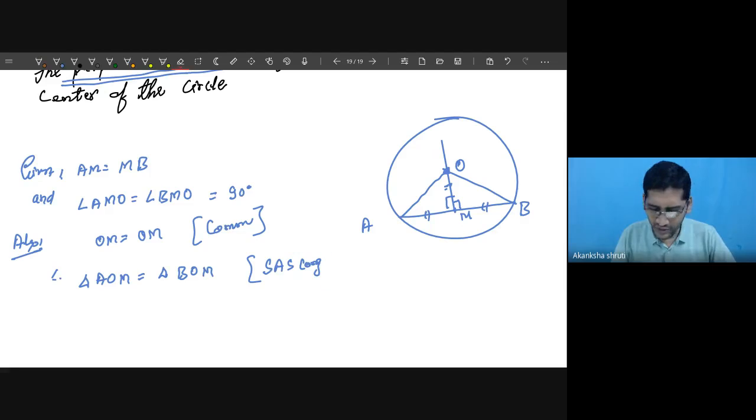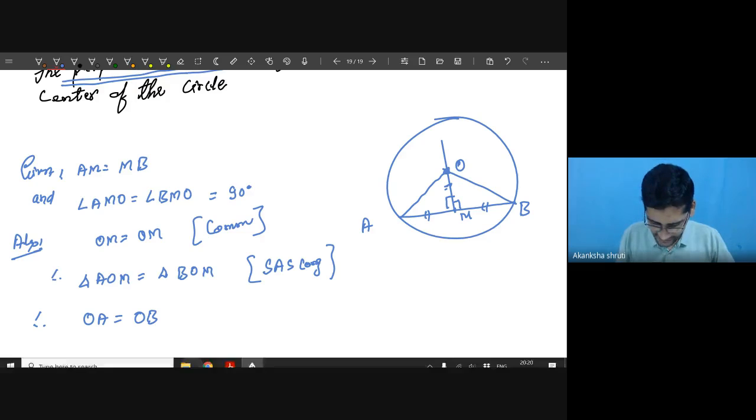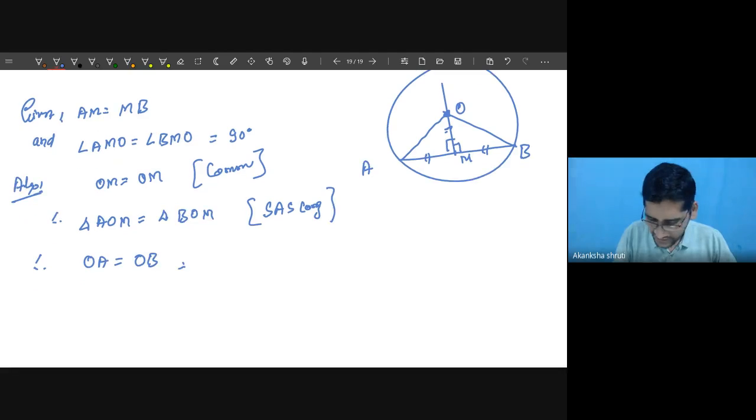While these two are congruent, it means we can write OA is equal to OB, and OA and OB are the lengths from two points on the circumference, and these two lengths will surely be touching the center because it is forming a right angle triangle. So this is equal to the radius.